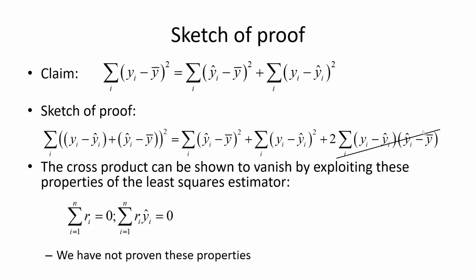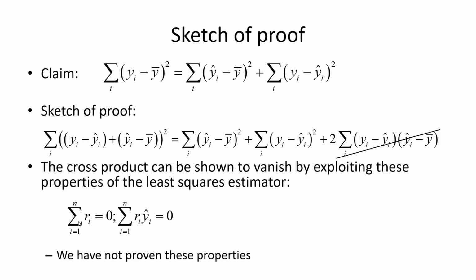To show that this is 0, we have to use two properties that we have not seen before, but which are true. One is that the average residual is 0. If the average residual is 0, then the total residual is also 0. Remember that residuals above the line are positive, below the line are negative.